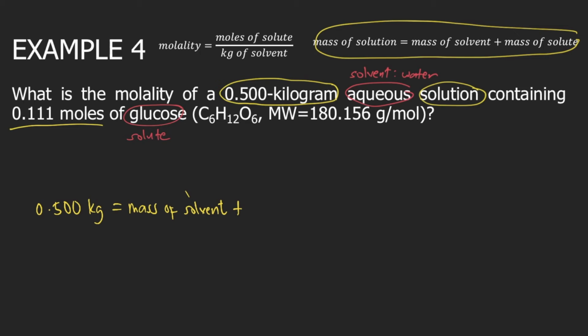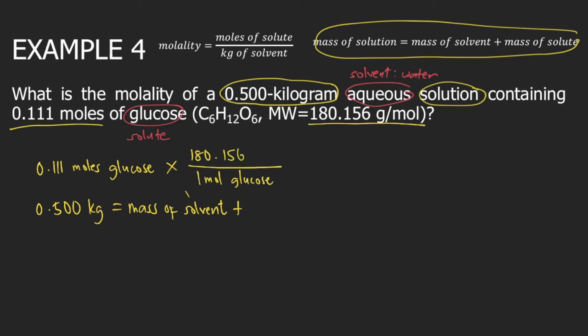So we need to convert 0.111 moles of glucose to kilograms of glucose. So we are given the molar mass. 1 mole of glucose is equivalent to 180.156 grams of glucose.